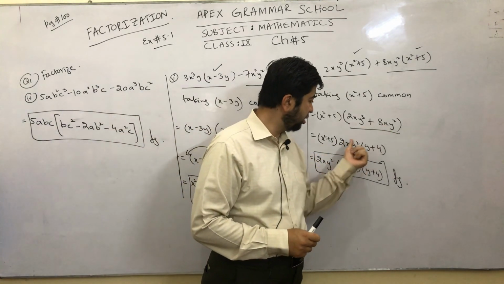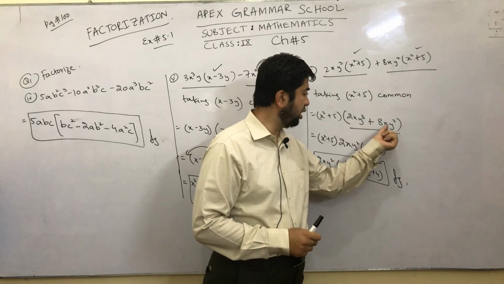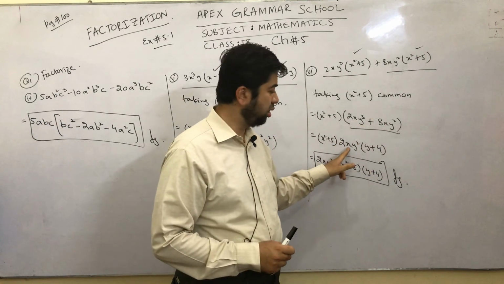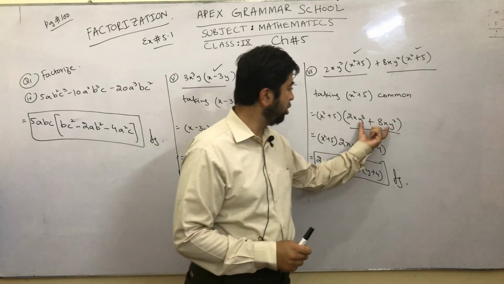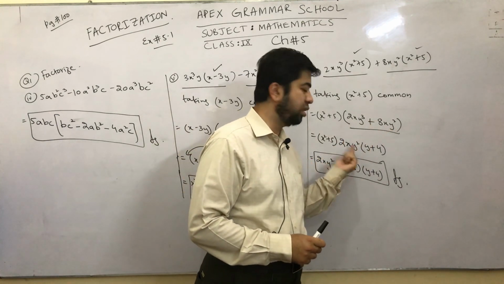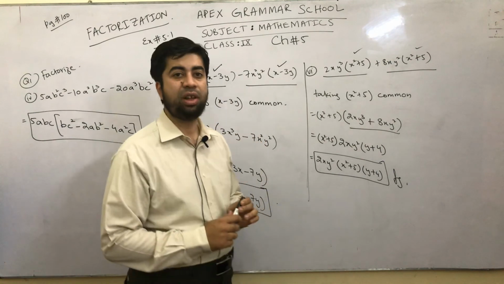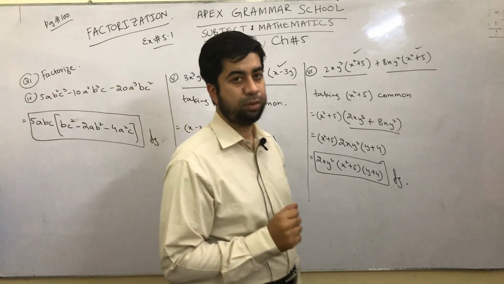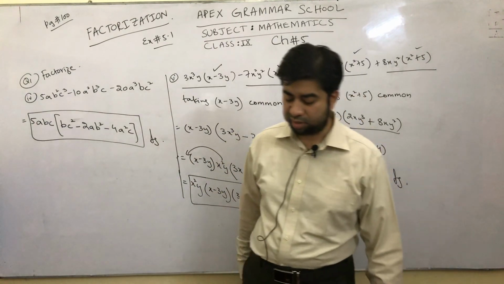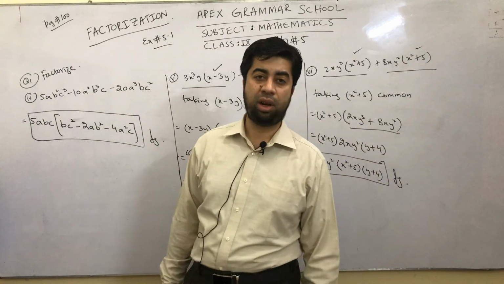If both x values have the same power, you can take common the same power, and if this is y cube and this is y square, you have to take common the lowest power, that is y square. So this is a very arranged way to factorize any expression. And this was exercise 5.1, question number 1 complete.